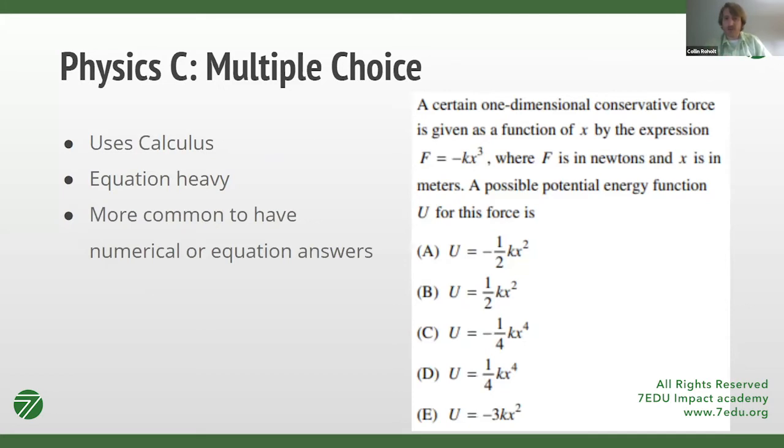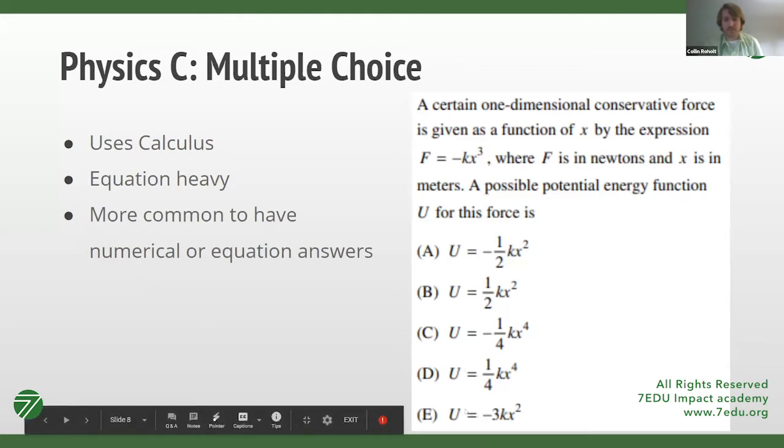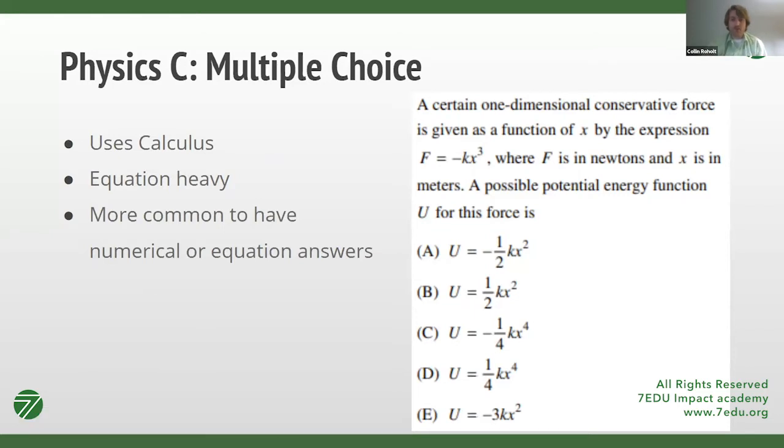Here we see an equation where we're given the equation for force, and then our answers are in potential energies. So we are going to use the equations that we know involving force. For those who have done this before, this requires a calculus equation.